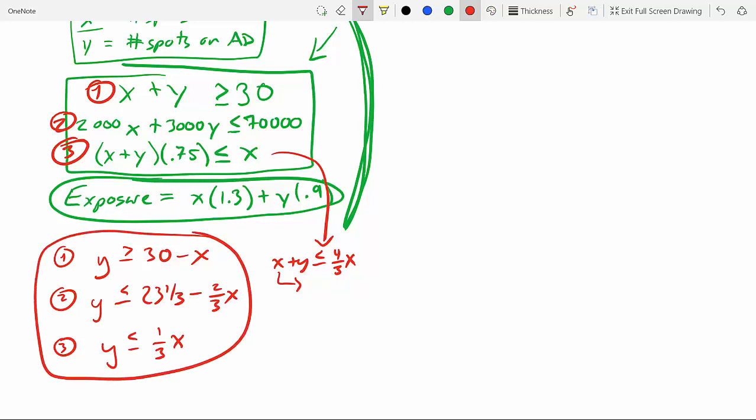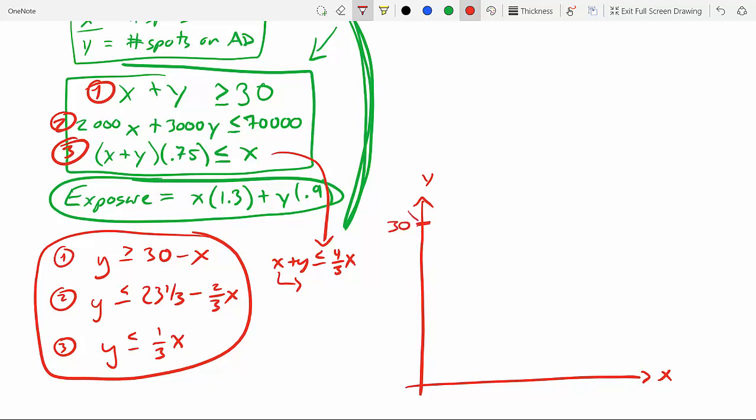The graph doesn't have to be super precise. The smallest number of spots that we're going to get for each is 0, so we can stay in this first quadrant of the plane. Now it looks like the largest y value is 30.